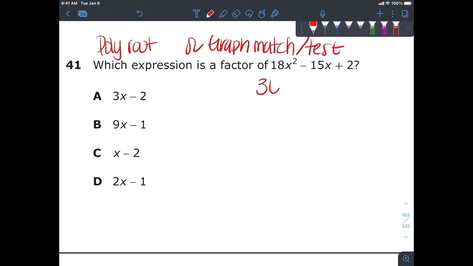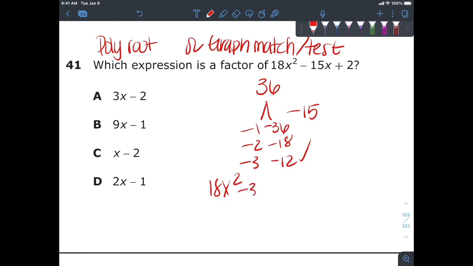So 36, negative 15, that tells me it's going to be two negative numbers. There are my numbers. Now I can go ahead and start separating out my B value.